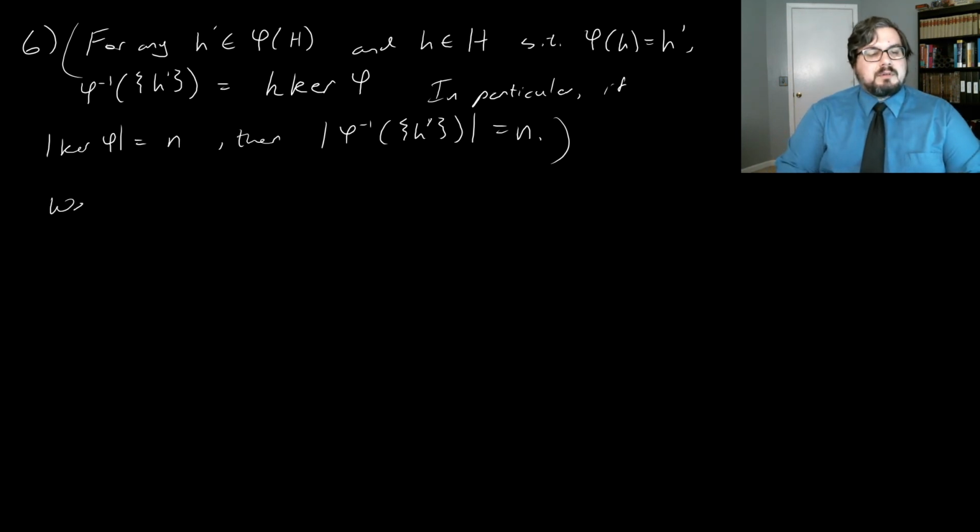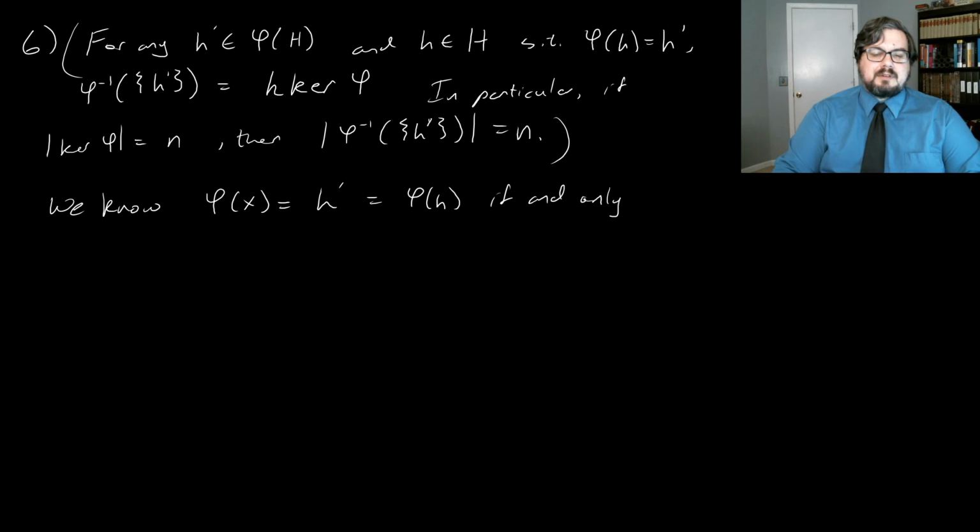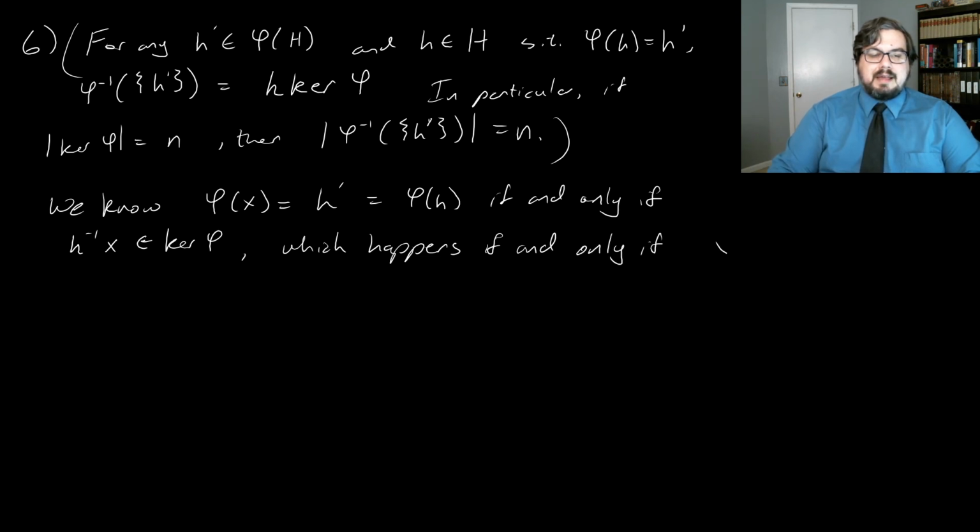We know from the previous theorem that phi of x equals H prime, which is phi of h, if and only if h inverse x is in the kernel of phi, which happens if and only if x is in h times the kernel of phi.